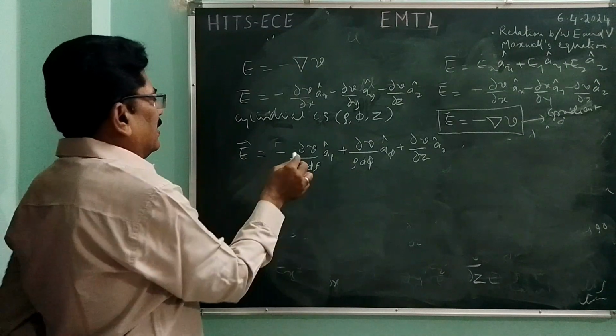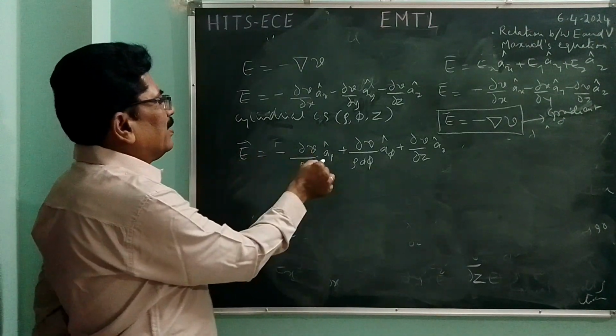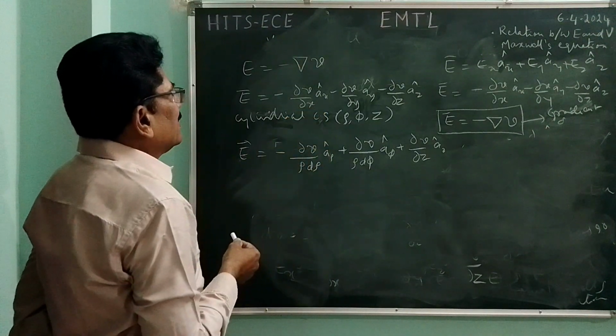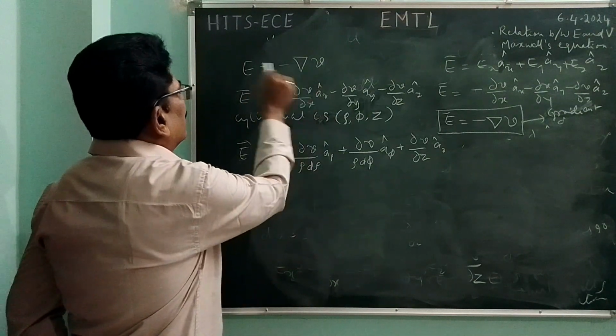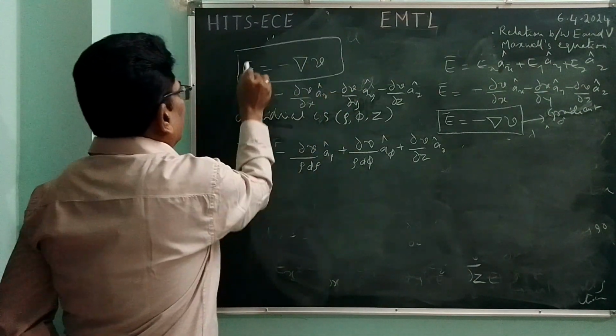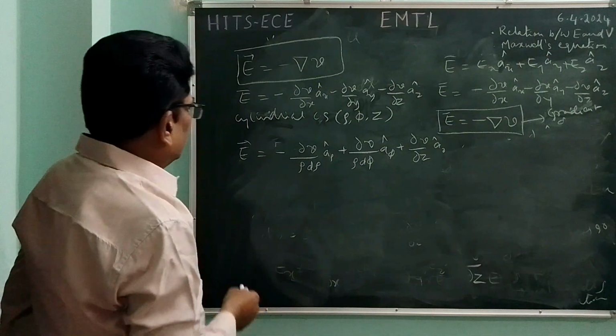Okay, this is the relation between electric field and the potential difference, that is E is equal to minus del V.